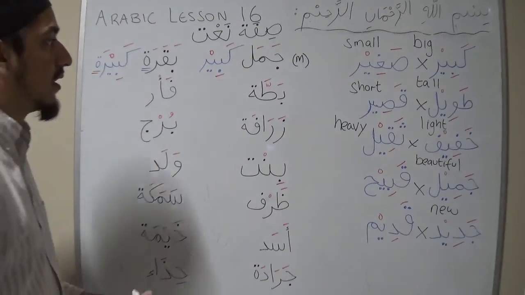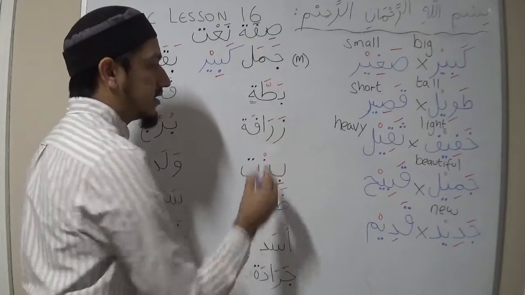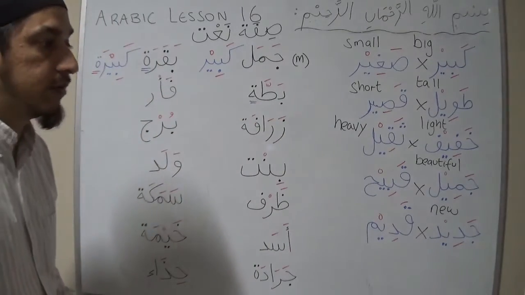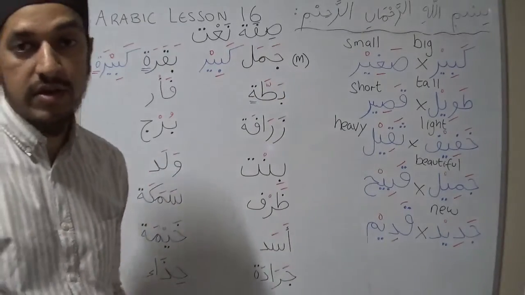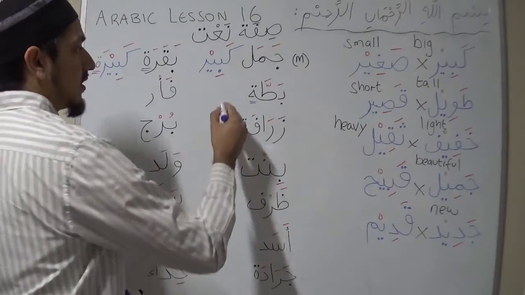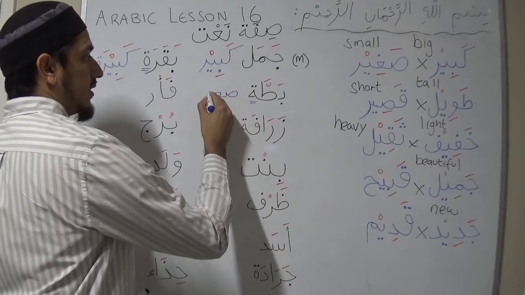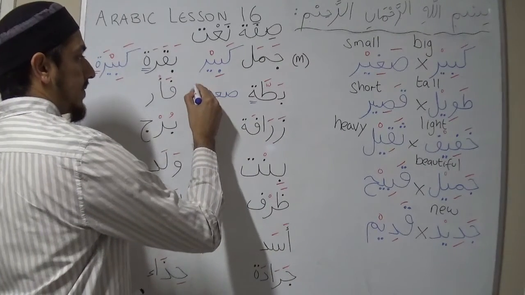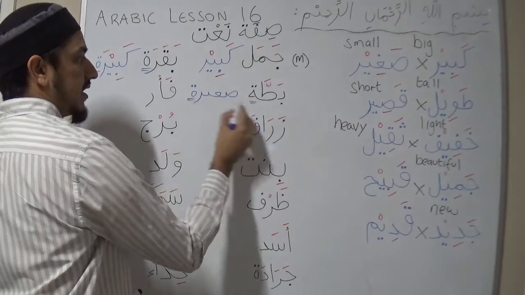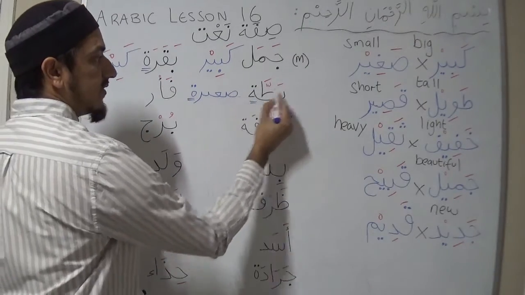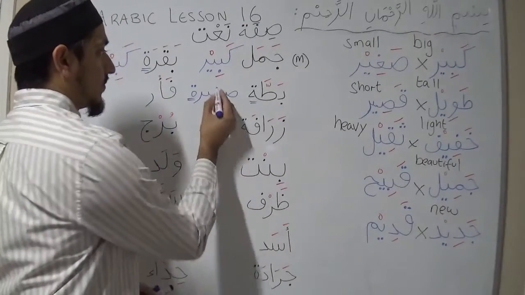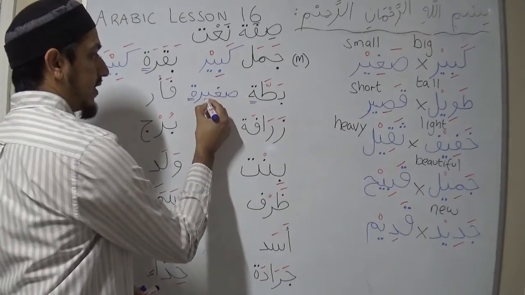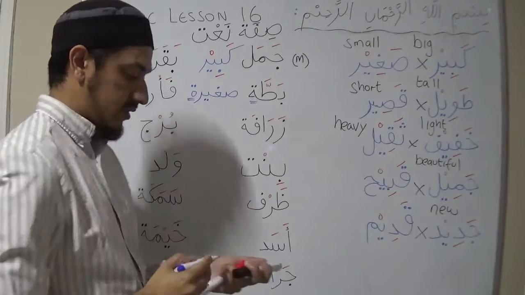We have batta. Batta is already a feminine word, and for batta I am using saghira. So I haven't come across saghira. Yes, I have saghir. So saghir now has become saghira: sad, ghain, ya, ra, and then ta. So here is the ta that's following it. There's no alif lam, otherwise it could be al-batta as-saghira. We're not saying it in that form.